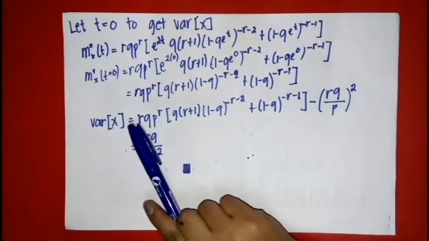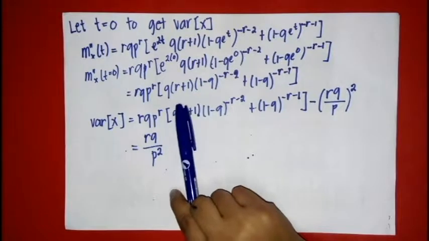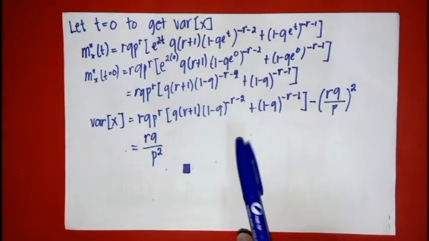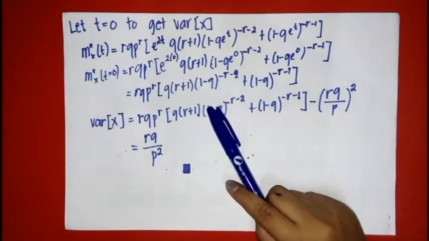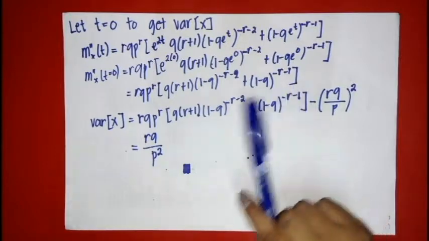So this will now be equal to r q p to the r times q times r plus 1 times 1 minus q to the power of negative r minus 2 plus 1 minus q to the power of negative r minus 1.